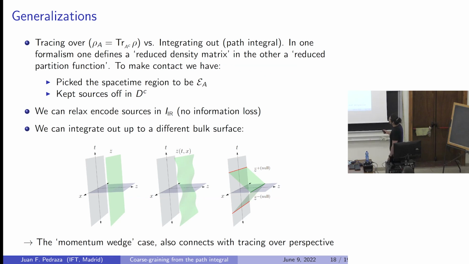And then causality tells you the domain of dependence of that portion of the slice that you picked. Then you arrive at this wedge here that I guess has been explored in other works, but here we call it a momentum wedge.